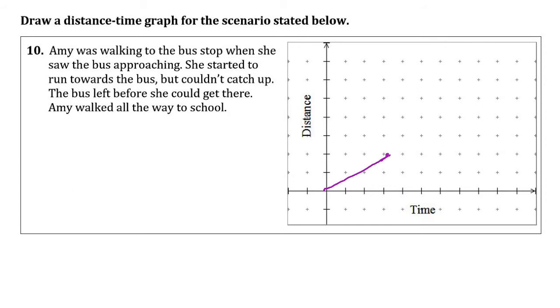So the slope of this is going to get steeper because she changed her pace. And then after she couldn't catch the bus, well, then she probably just slowed back down and just strolled her way back to school. So that's all this was talking about. And notice we just represented this linearly. So there's not just a whole lot more to that one.